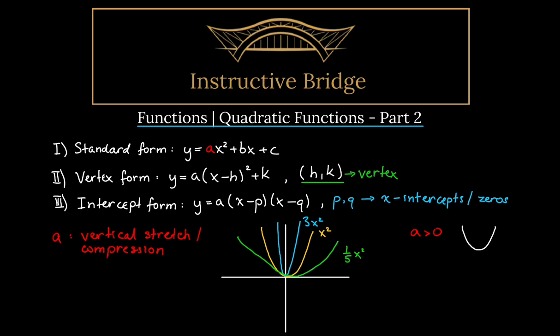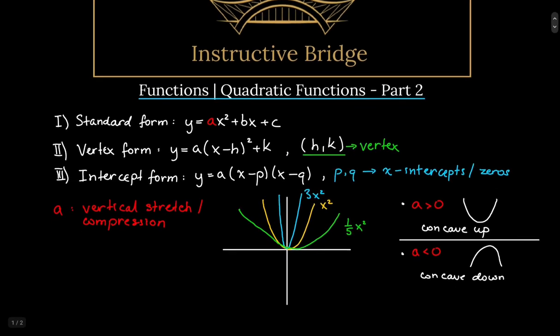A more professional way to say this is concave up. However, if the value of a is less than 0, or in other words, negative, then the parabola is going to be concave down. So, always pay close attention to the sign of a, especially when you're graphing the parabola by hand.